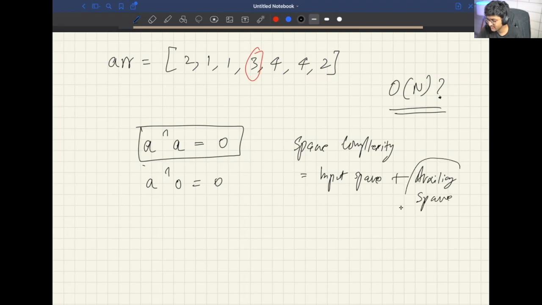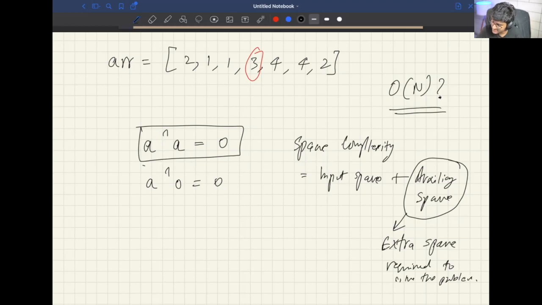And this is the one that we are mostly concerned about. This is basically the extra space required to solve the problem. Cool. Okay. I want this to be constant.